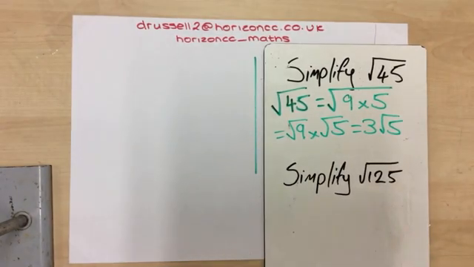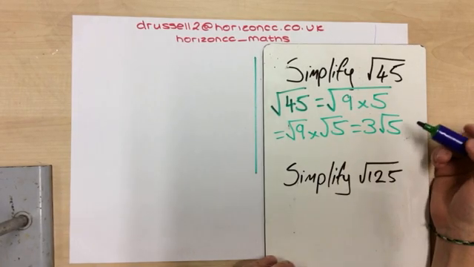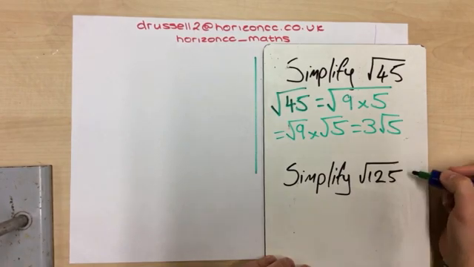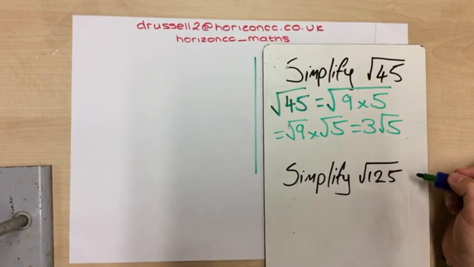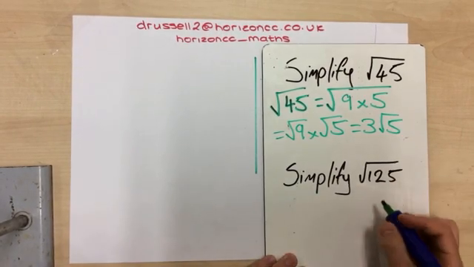It's a very similar method for any ones like this. If you can think of a square number going into it, we've got 125. You might think, I know that that is 5 cubed, but you're looking for square numbers when you are simplifying surds. So we have a root of 125.